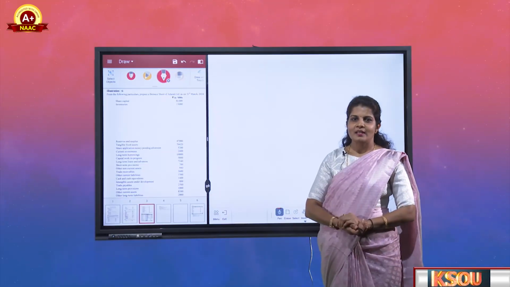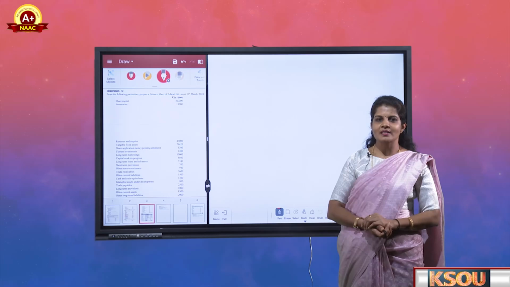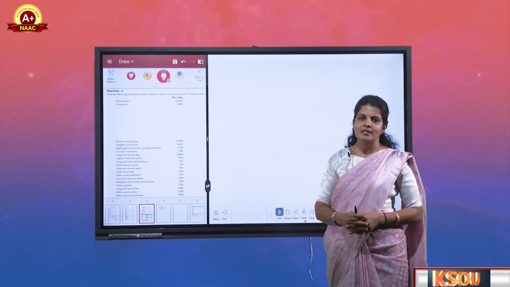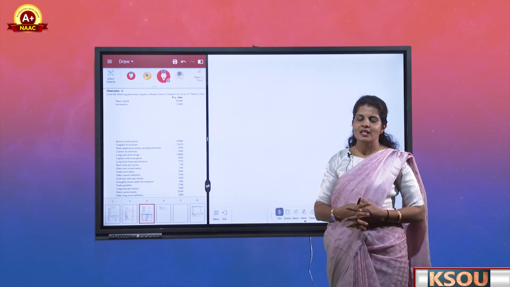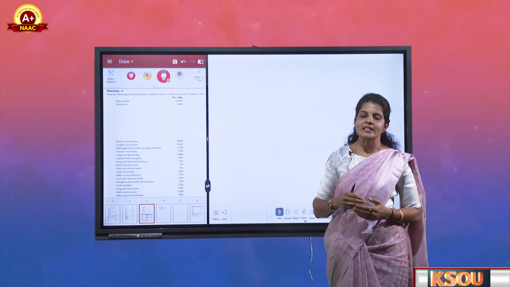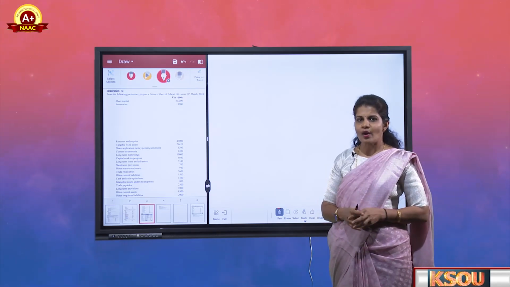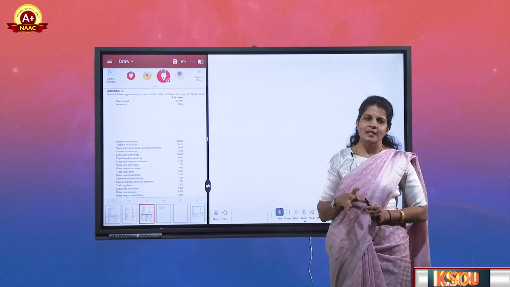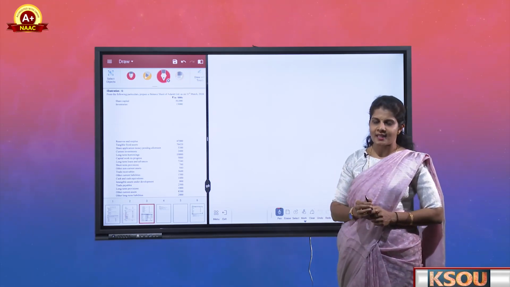Hello dear students. In the previous class, we discussed the preparation of the statement of profit and loss. Today, let us discuss how to prepare a balance sheet and what items will be considered under it. As we all know, the balance sheet is one of the very important forms of financial statement.